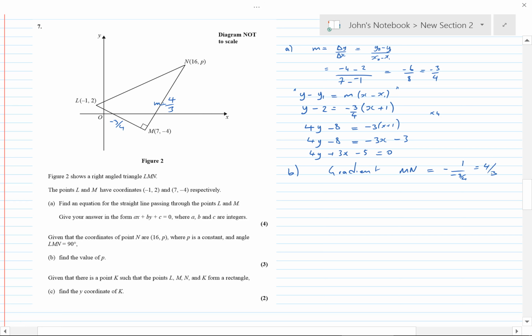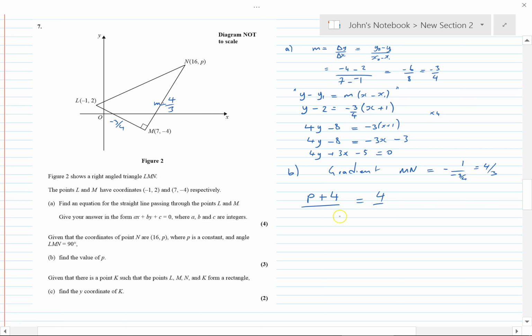So we can use that to work out P here. We have the change in y, so that's p minus minus 4, so that's p plus 4, over the change in x, which is 16 minus 7, is equal to 4 over 3.